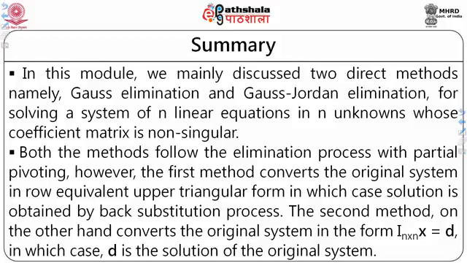Both the methods follow the elimination process with partial pivoting. However, the first method converts the original system to row equivalent upper triangular form, in which case the solution is obtained by the back substitution process, and in the second case you get the original system converted into that form, and we get the solution of the original system directly.